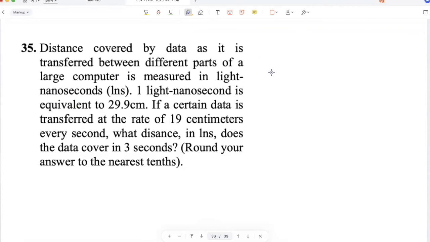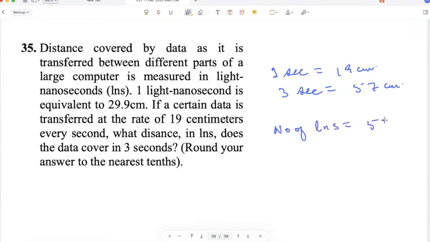Okay. So in 1 second, it covers 19 centimeters. So in 3 seconds, it covers 57 centimeters. And 1 light nanosecond is 29.9 centimeters. So the number of light nanoseconds would be 57 divided by 29.9.